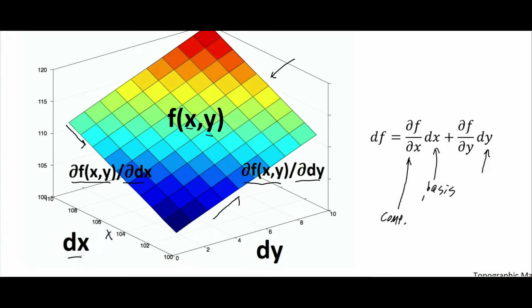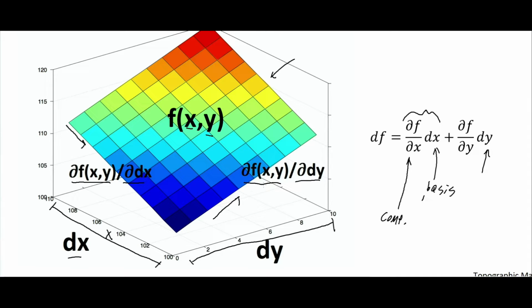And so this dx tells us that we're looking at the slope of the function over this length of our graph here, and then the dy is this length over here. So the dx and dy are just small steps in one direction, and so we can see if we took this partial of f of x y with respect to x and multiplied it by dx, that will give us this vector right here.